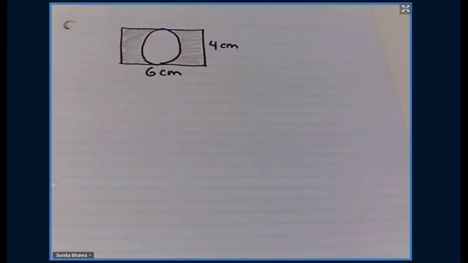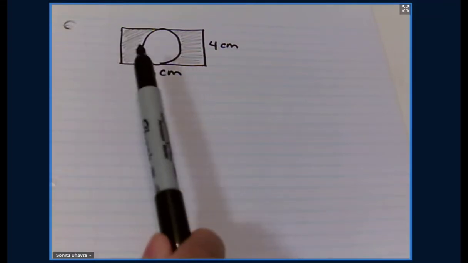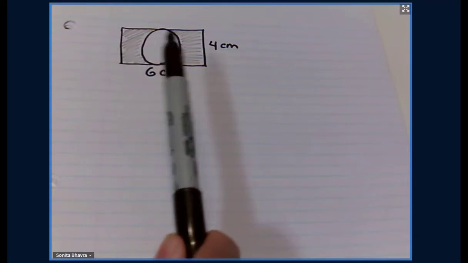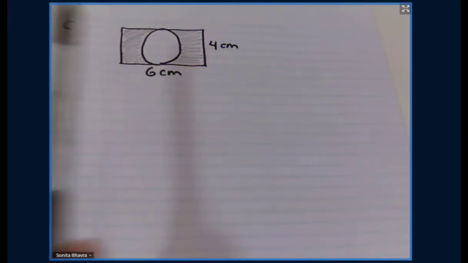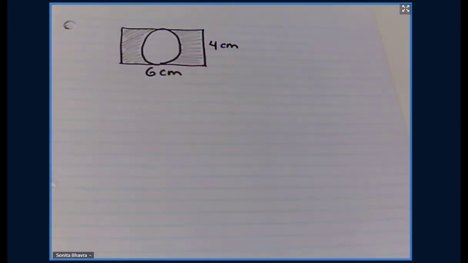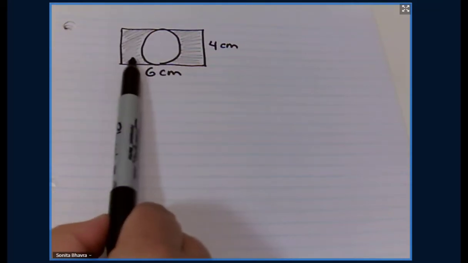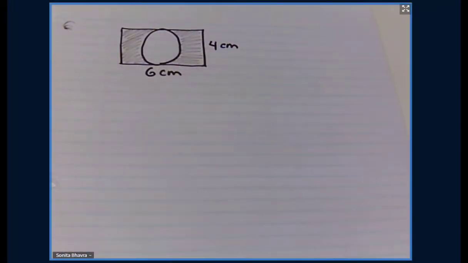All right, so here is our next example, and what we have is a rectangle, and then inside the rectangle we have a circle, and we have to figure out the shaded area, which is all of this and all of this. So what we're going to do is figure out the area of the entire figure, which is the rectangle, and then we'll figure out the area of the circle, and then we'll subtract the circle from the rectangle.